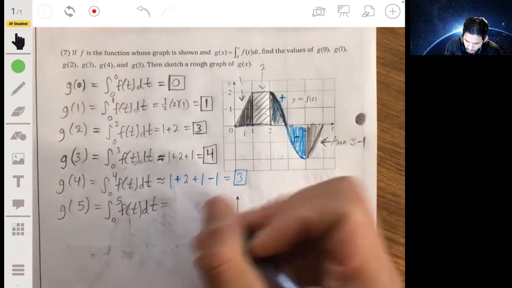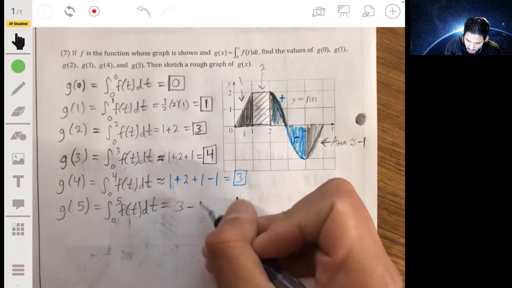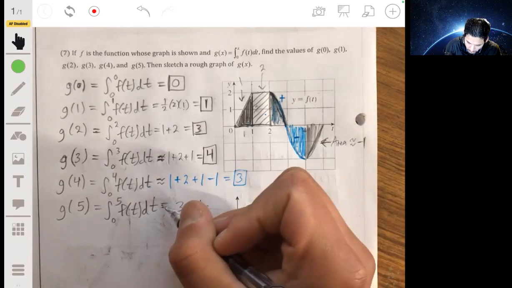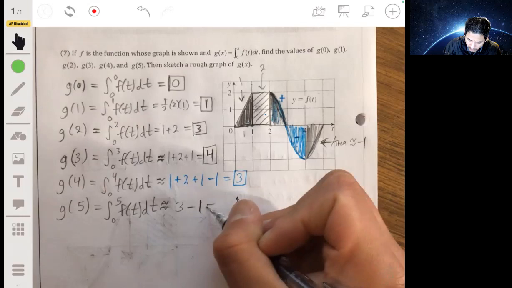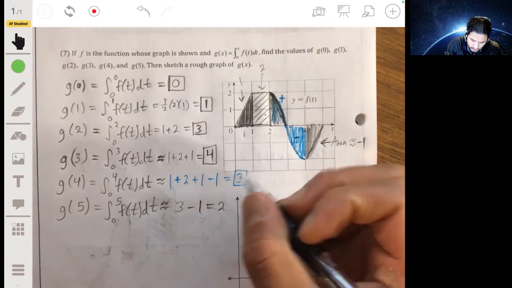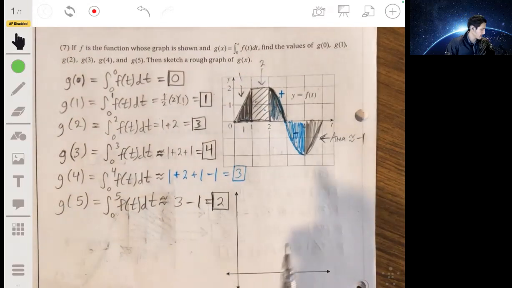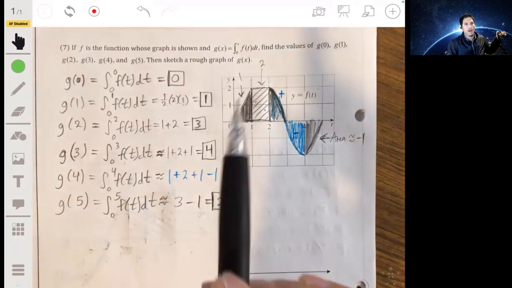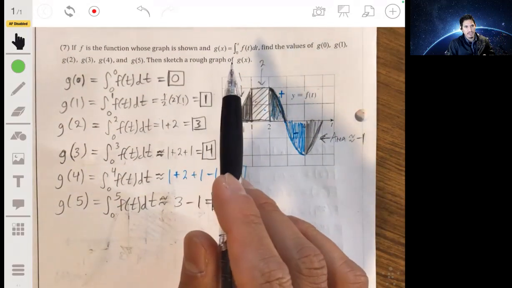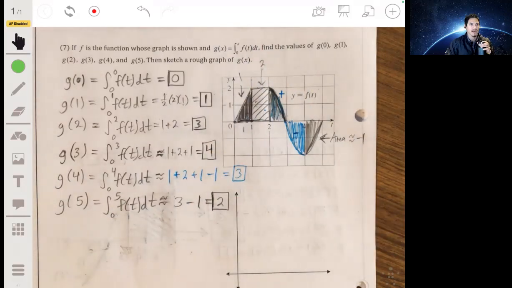This will be equal to 3 minus 1, so equal to 2. We'll just say. So that's what's going on with this function here, which is essentially how we use the second fundamental theorem of calculus in action.